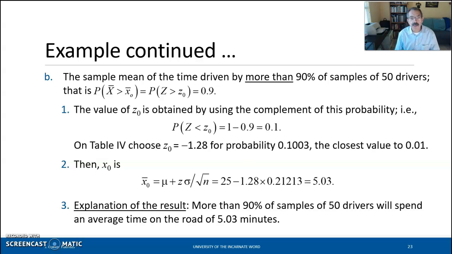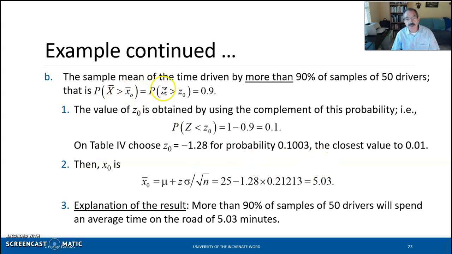Now, the sample mean of the time driven by more than 90% of samples of 50 drivers, that is, the probability that the random variable x bar is bigger than some average value, is the same as the probability of the random variable z being larger than some z-score value, and that probability is 0.9.